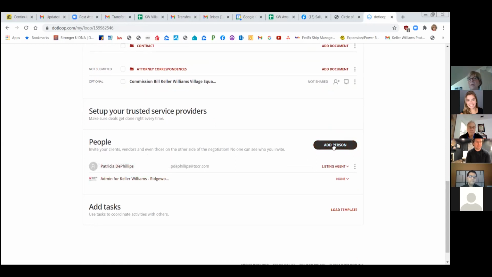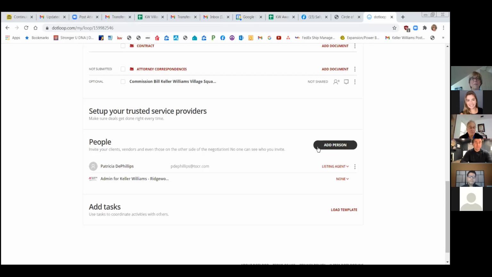So you can add people, and the people you're adding in the beginning, I am admin for Keller Williams. That's the broker name on this. So I'm already in here. I'm not sure how this person got in here, but maybe this was somebody's listing at some point that they must have sold. And that's why when I use that address, this name is coming up. But you would add the name of the buyer, the name of the seller and their email.